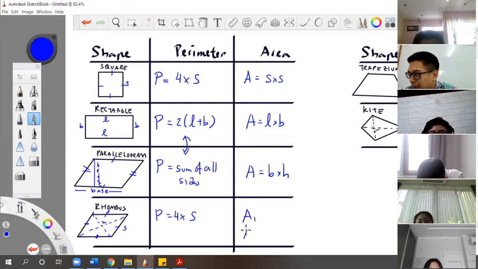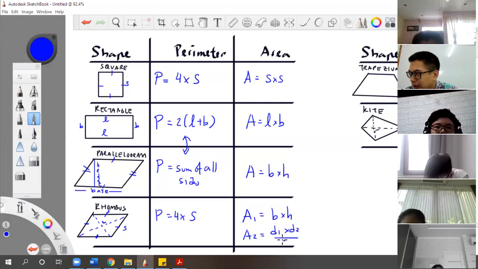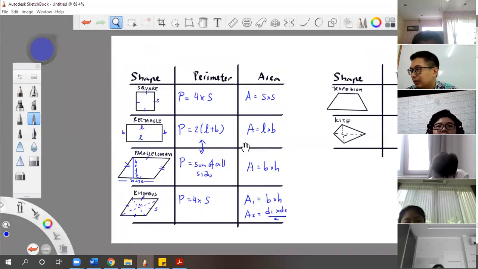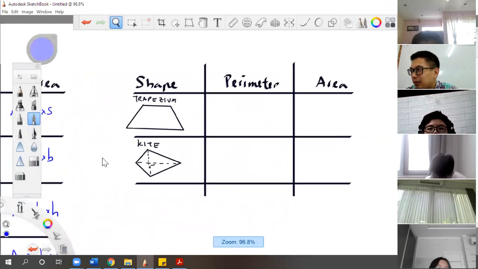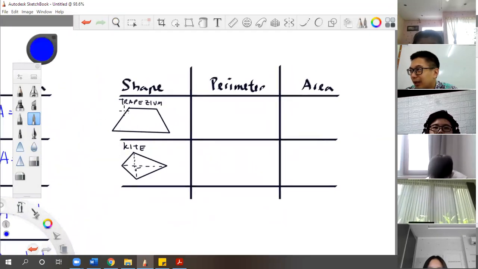We have 2 kinds of area formula for rhombus: base times height, or diagonal 1 times diagonal 2 over 2. So this is only a recap, sum of all sides. And trapezium, we have the sides. We have two parallel sides. So let's say this is A, this is B. So A and B are the two parallel sides, and this will be the height.